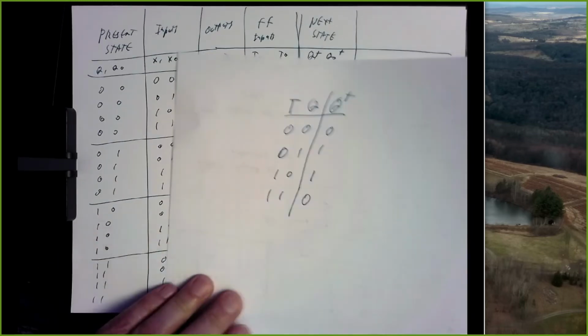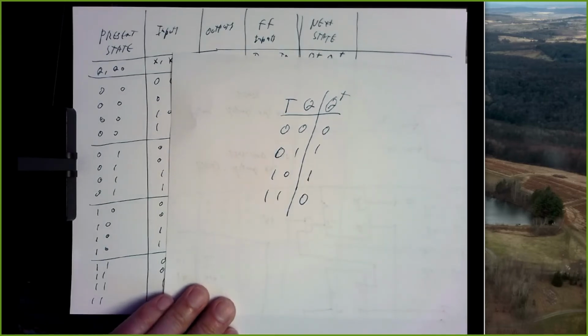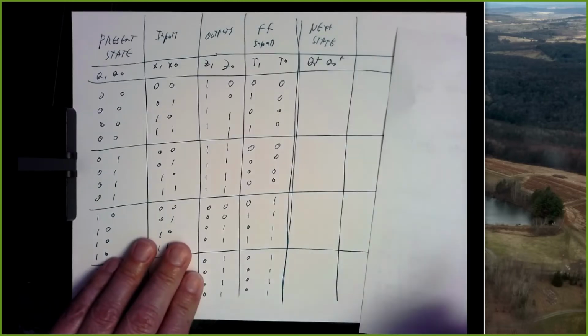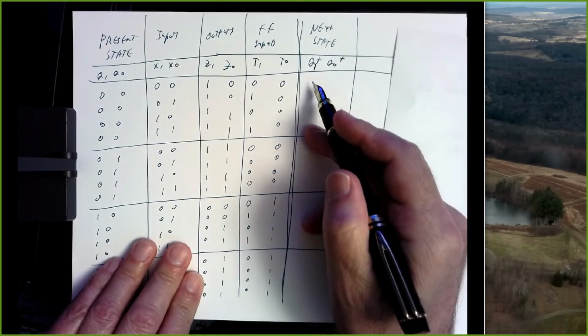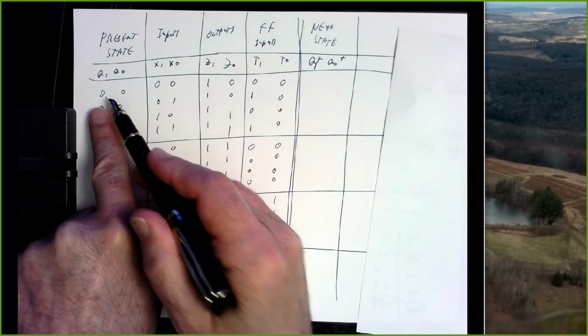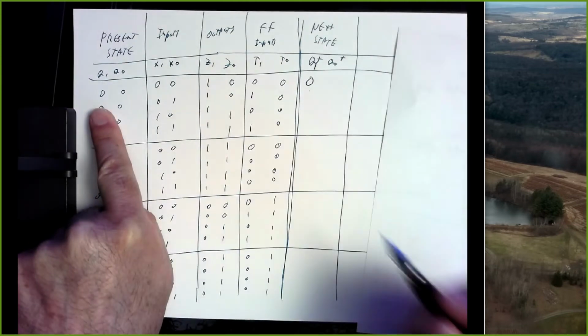All right. So keeping this in mind, maybe having it next to us while we're doing this kind of problem, or just having it in mind, we can fill in this value for Q1 plus. What's the new value of Q after the clock ticks? Well, if Q1 is 0 and T1 is 0, the new value for the flip-flop is going to be 0.